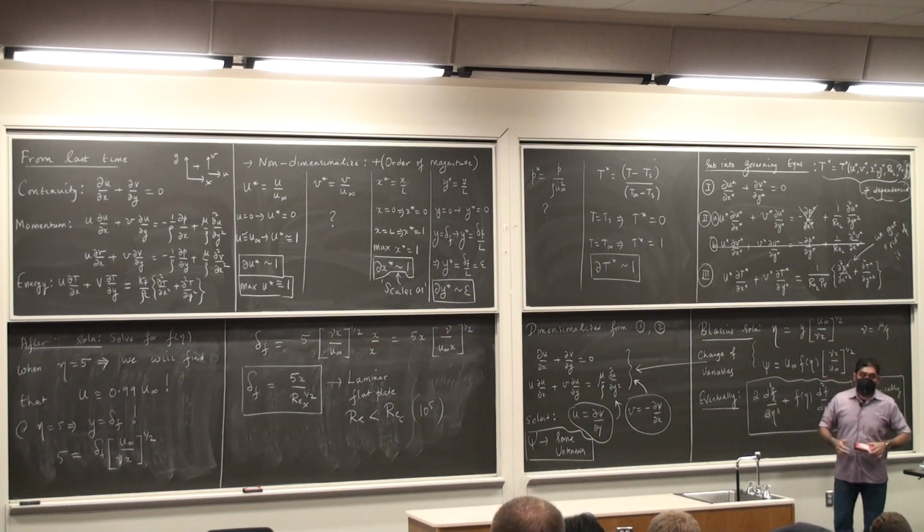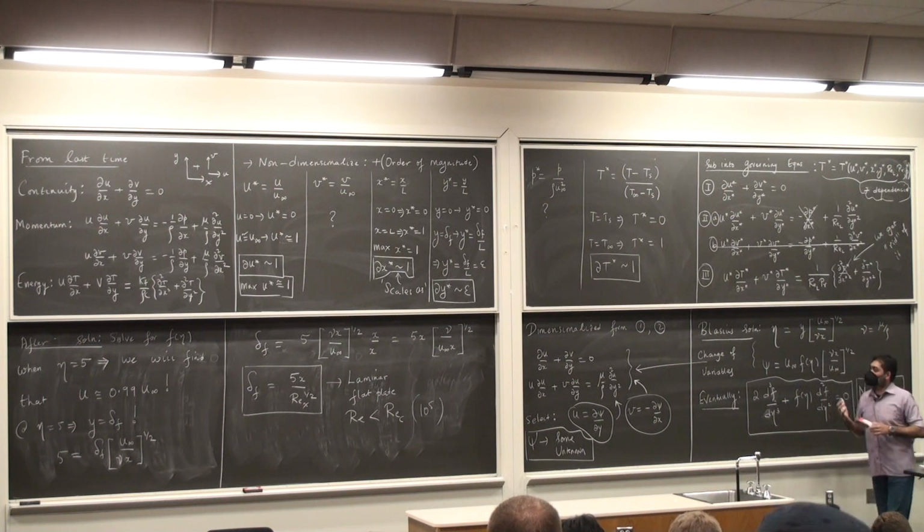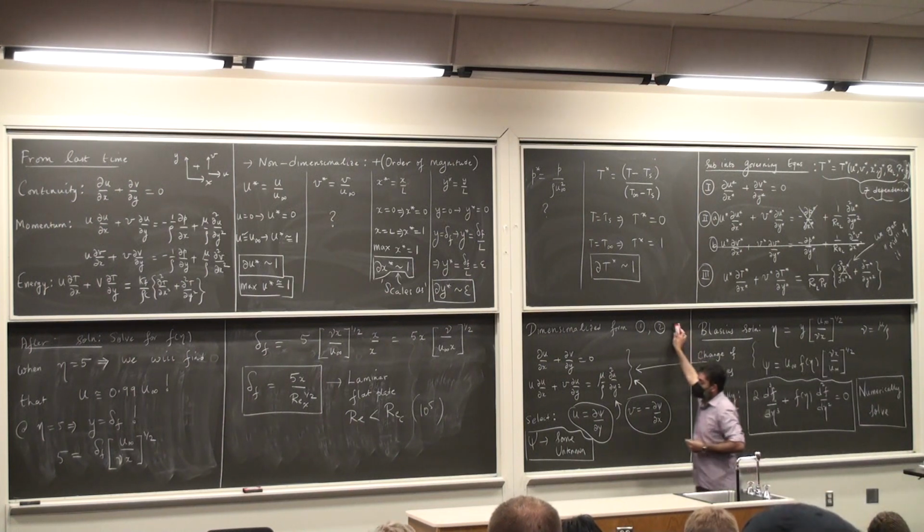And once you have solved for the fluid equations, we have to go back and do the substitutions into the thermal equations. Okay? I'll skip a lot of those details.